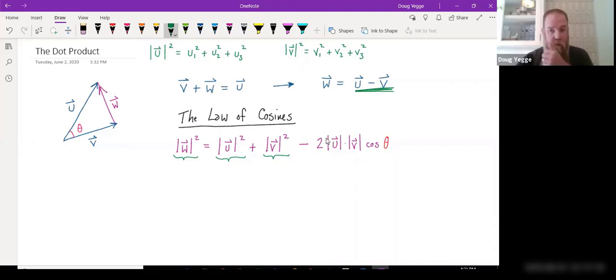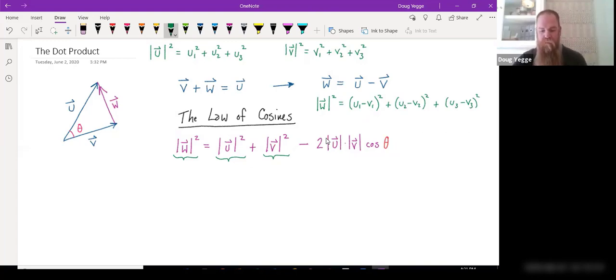Since we're given u and v, and not really what w is, what we're going to do instead is recognize that the magnitude of w squared is going to be the difference of each of those quantities: u1 minus v1 squared plus u2 minus v2 squared plus u3 minus v3 squared.